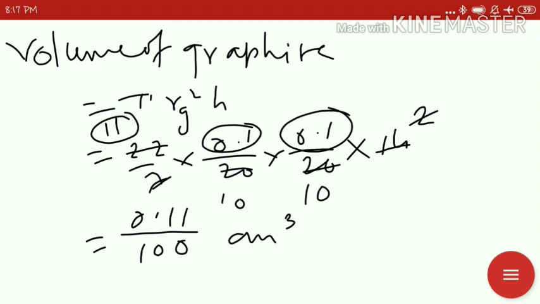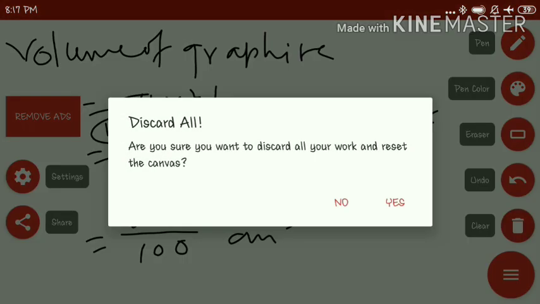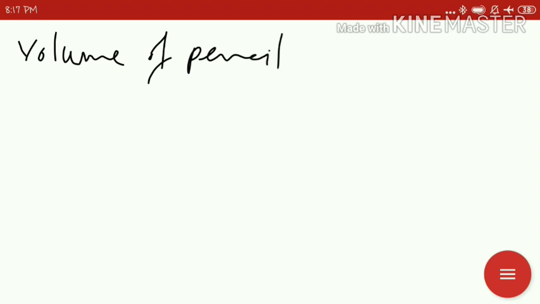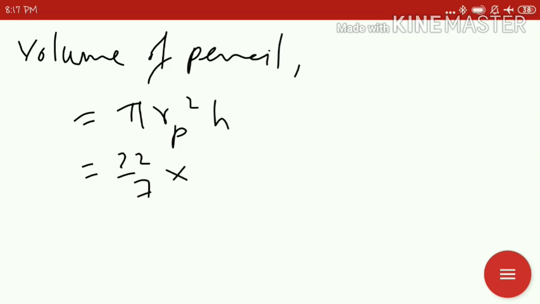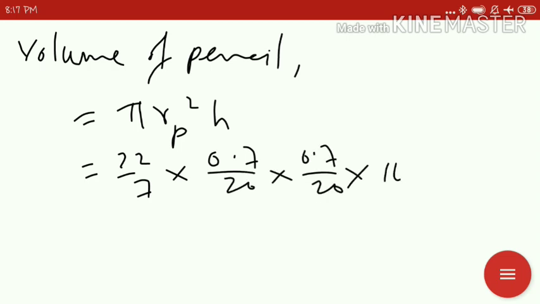Now we are going to find the volume of the pencil. The volume of the pencil means the volume of the total wood and graphite together, which equals pi rp squared into h. So 22 by 7, rp is 0.7 by 20, 0.7 by 20, into 14.